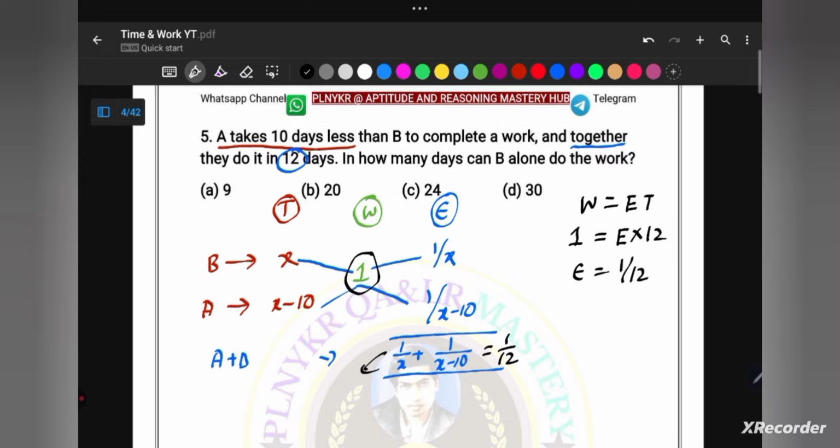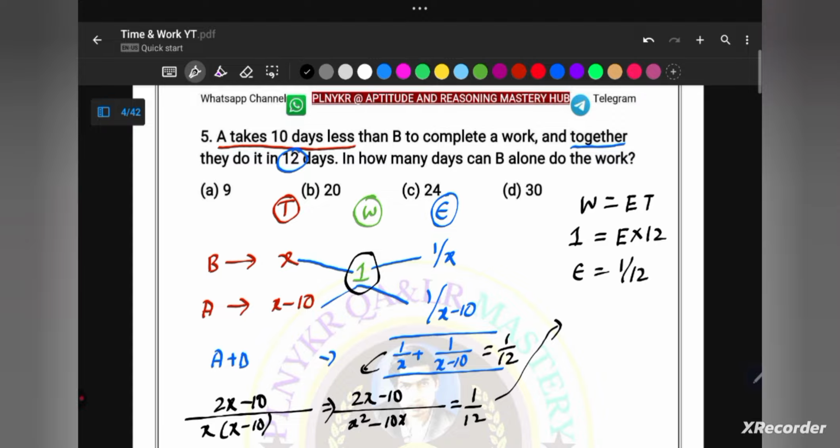Now we'll be solving this equation. It will be 2x minus 10 by x into x minus 10, which is equal to 2x minus 10 by x square minus 10x, which is equal to 1 by 12 as per the question.